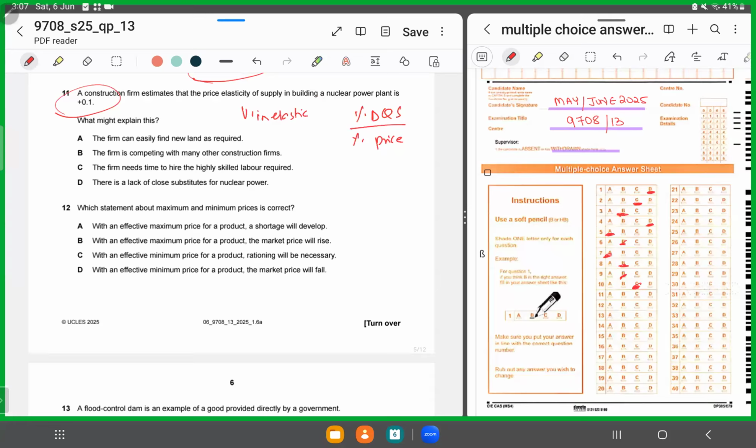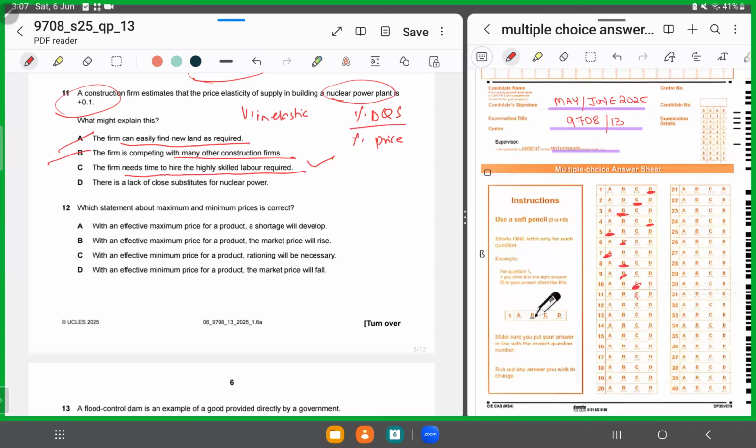Since it's a nuclear power plant, it requires trained specialist staff, right? It requires specific technology. So since it's very inelastic, the firm cannot easily find land, hence it cannot be A. The firm is not competing with other construction firms, so it cannot be B. Yes, the firm requires time to hire skilled labor, that is why C is the correct answer.